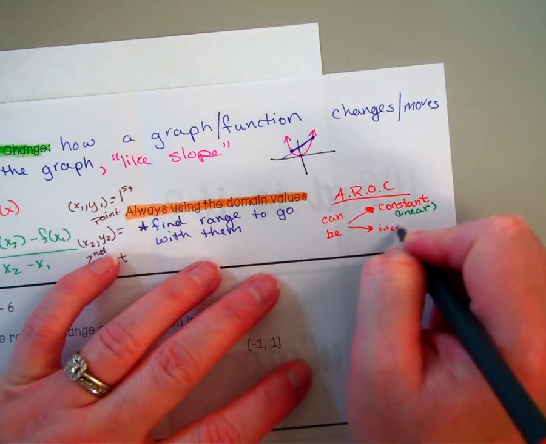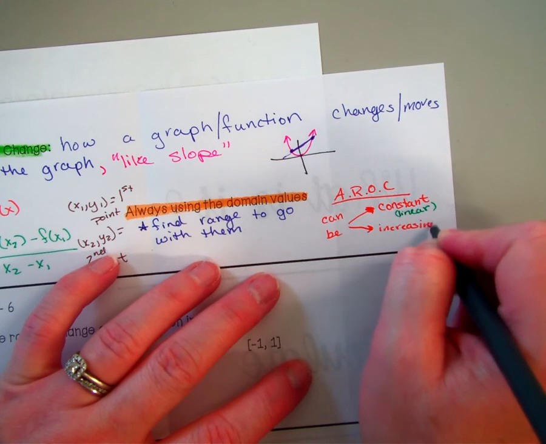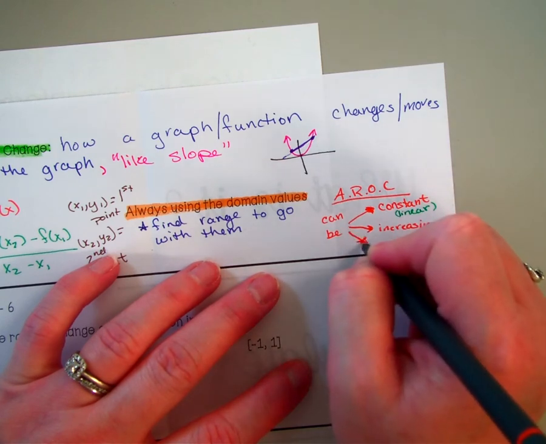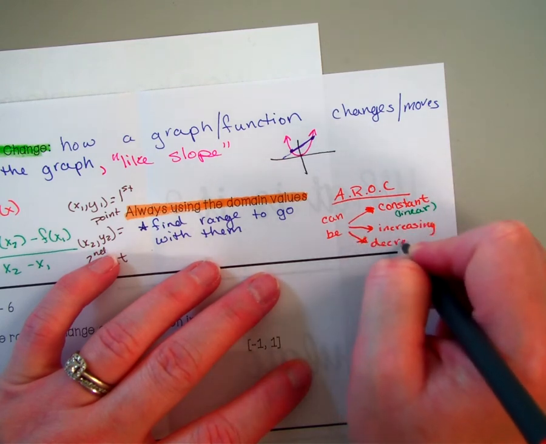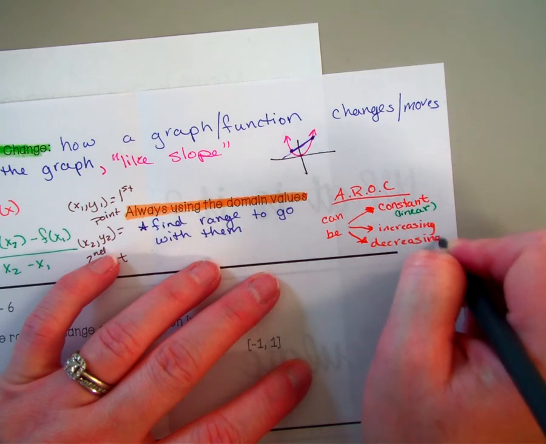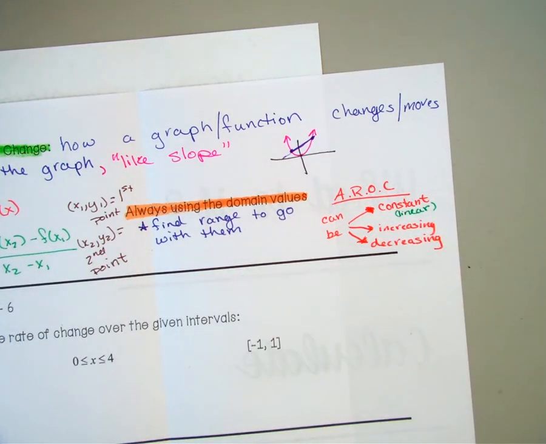Then they can also be increasing or decreasing. So what that means is from one point to another, it could increase by 1, but then the next points could increase by 2, and then the points after that are increasing by 3. So your average rate of change is also increasing because it was going up by 1, and then it's going up by 2, and then it's going up by 3.